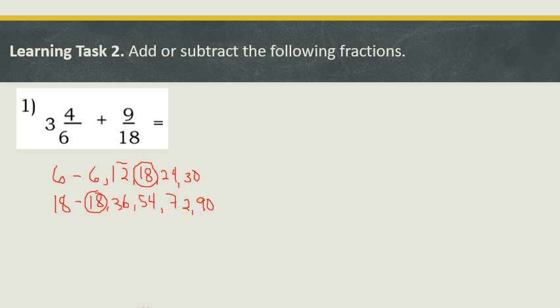Okay? Ang 3 and 4/6. Dapat maghahanap tayo ng pwedeng i-times para maging 18. Kasi yun yung ating LCD. Magiging 3 blank 18ths. Ano po ba ang pwede natin i-multiply sa 6 para maging 18? Yun po ay 3.